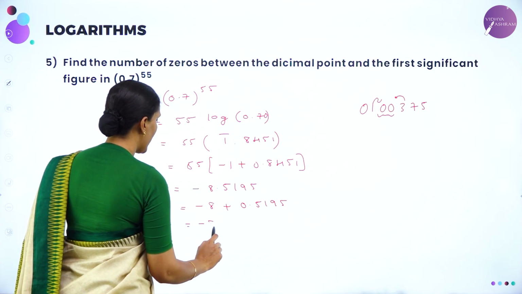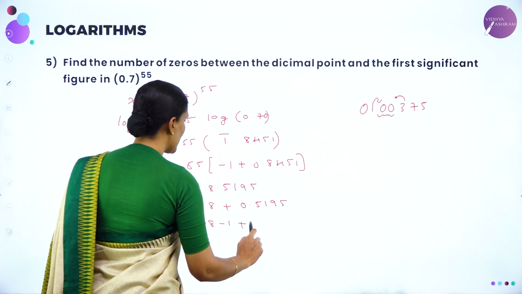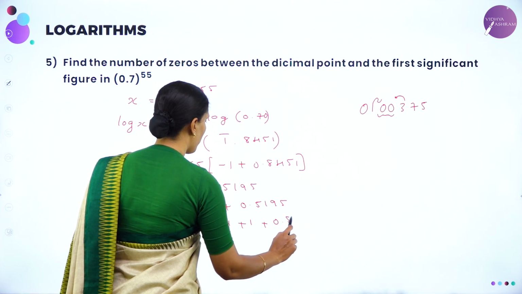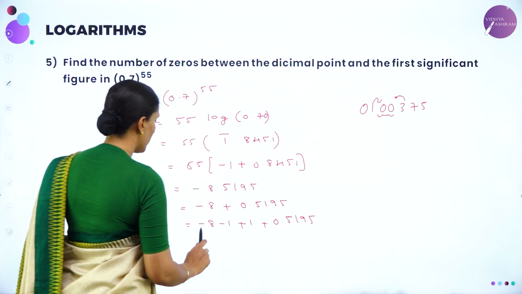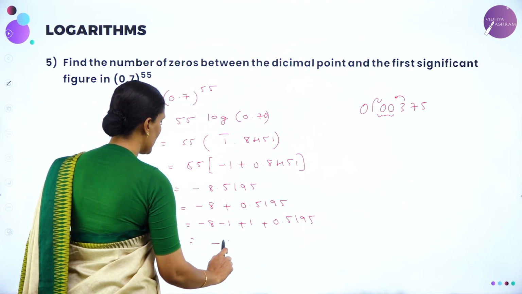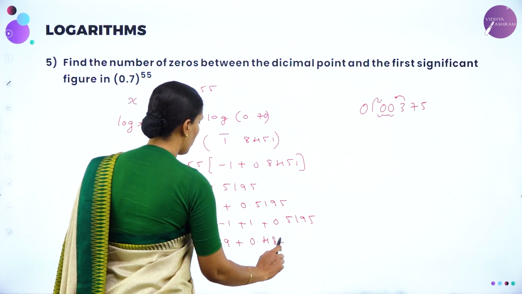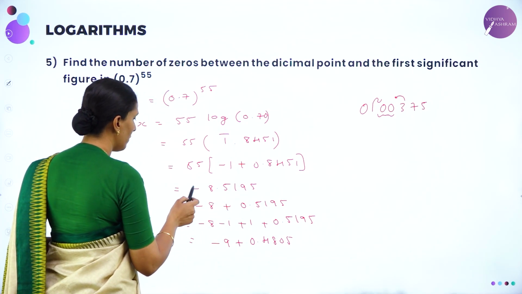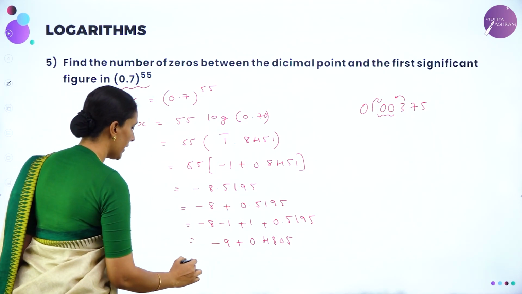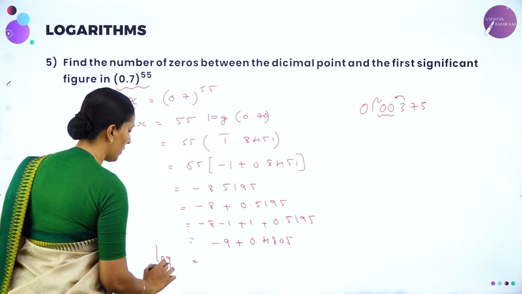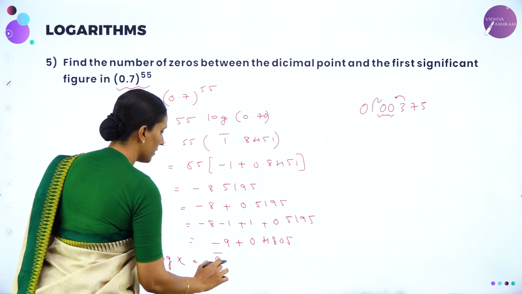So we'll add minus 1 and plus 1 here. So this will be minus 9 plus 0.4805. So when you have a negative here, log x is equal to 9 bar, 4805.